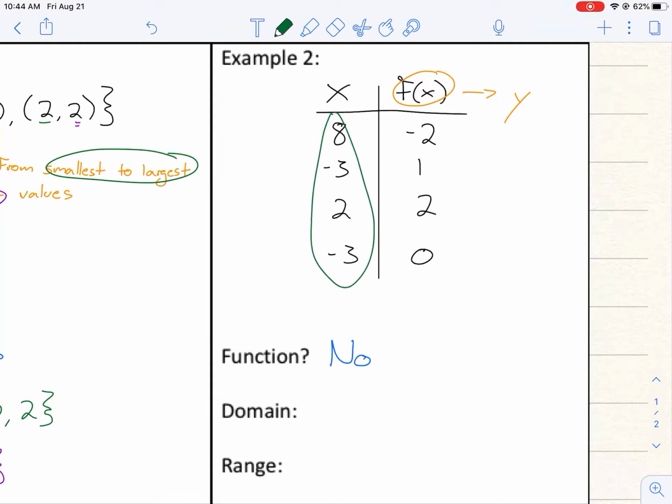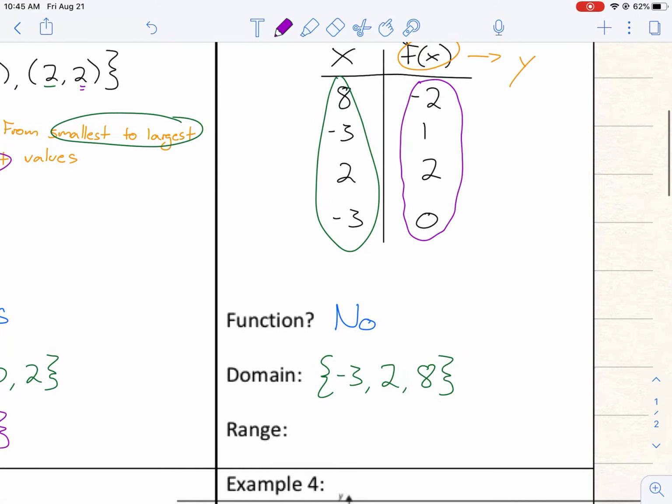And remember, we don't want to repeat anything. We want to list it from least to greatest. So my domain is -3, 2, 8. And then our range is all of our y values, or f of x in this case. And again, list from lowest to highest, smallest to largest: -2, 0, 1, 2.